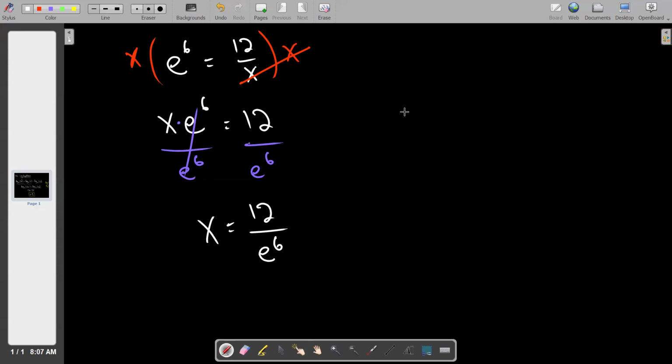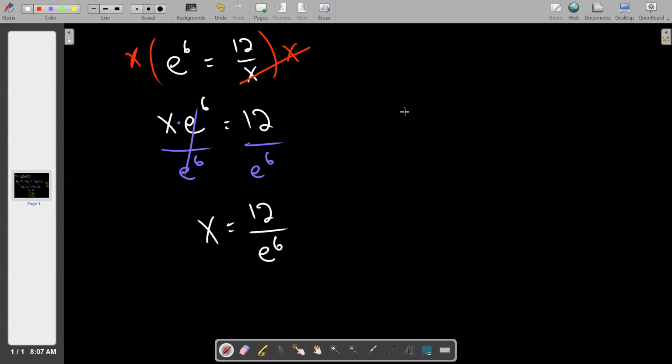The e button is probably by the natural log, your LN button. You should all have a button. Don't pick the uppercase. I always think that's hilarious. Don't do the up. There's a little lowercase italicized e. If you just hit e and hit enter, it'll tell you approximately what e is equal to.